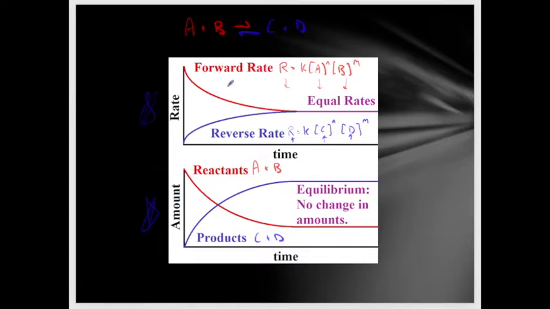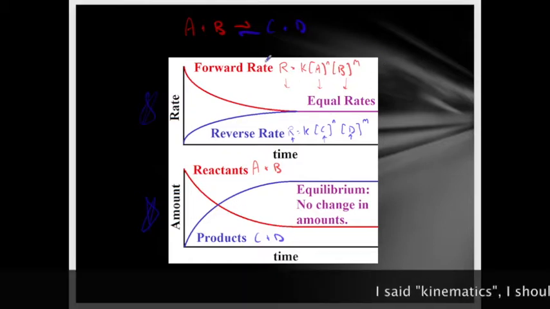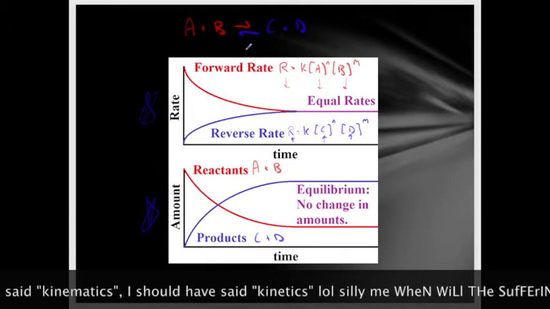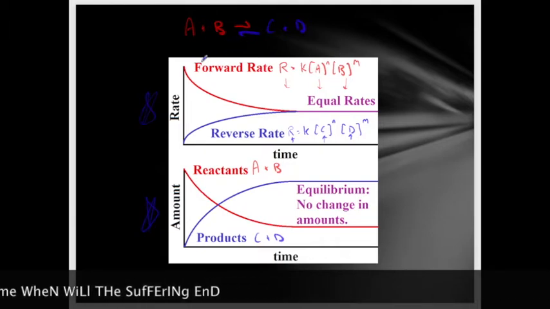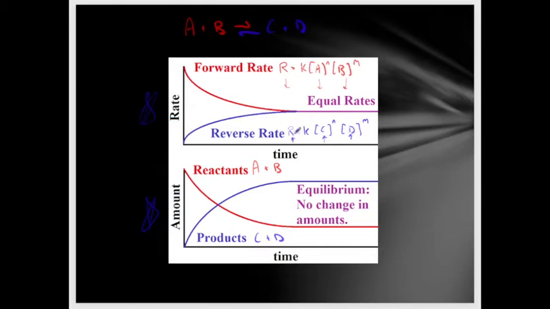So the forward rate is dropping. The reverse rate is rising. That makes perfect sense based on what we know from kinetics. If rate is proportional to concentration, A and B are getting consumed, so the forward rate drops. C and D are getting produced, their concentrations increase, so the reverse rate increases. And at some point, you can see right here, we reach equilibrium, where the rates are equal.